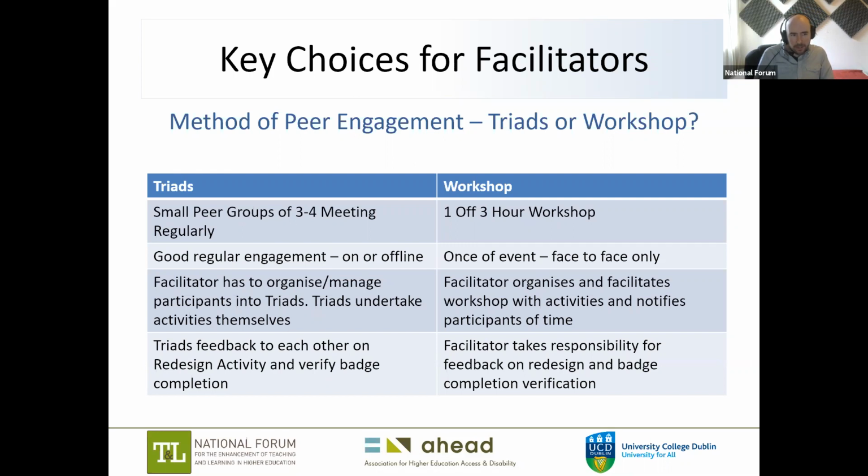The peer triad method is where you meet four times throughout the course, and sometimes that engagement spills over into email interactions and other things. The other method is whereby all of the peer activity is condensed into a three-hour workshop. We provide these options because we realize that for some institutions it may suit better to do the workshop format and to do that all in one piece.